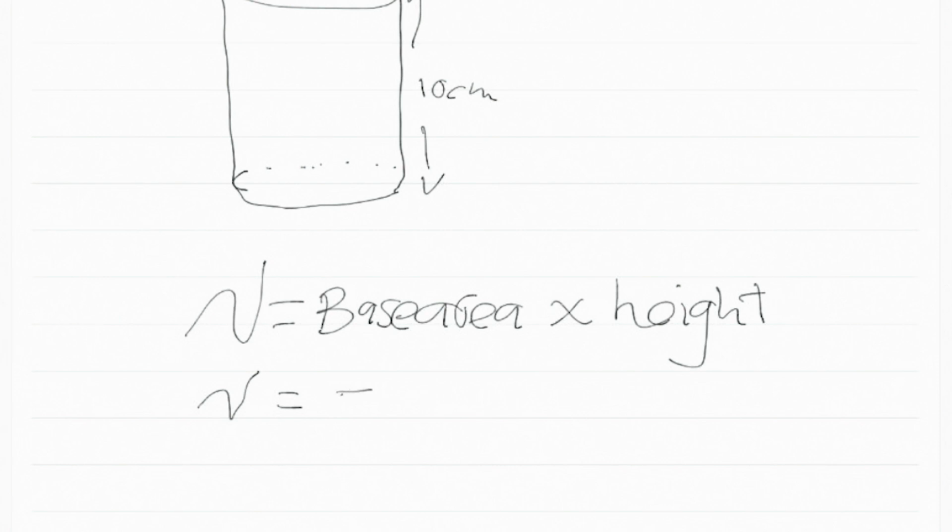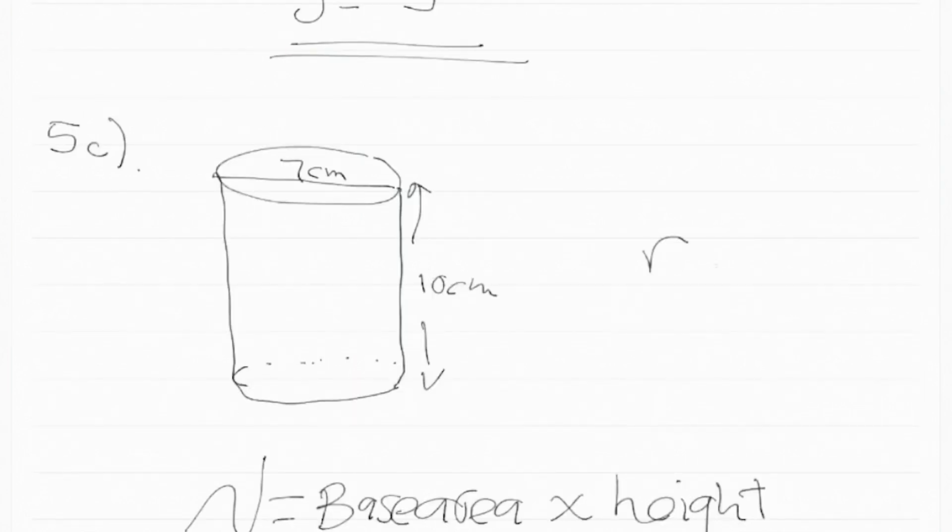Now, how do you calculate the area of a circle? So your volume is equal to, the area of a circle is calculated by pi r squared. That is the formula that you use, times height. Now, do we have the radius? In the question, we do not have.